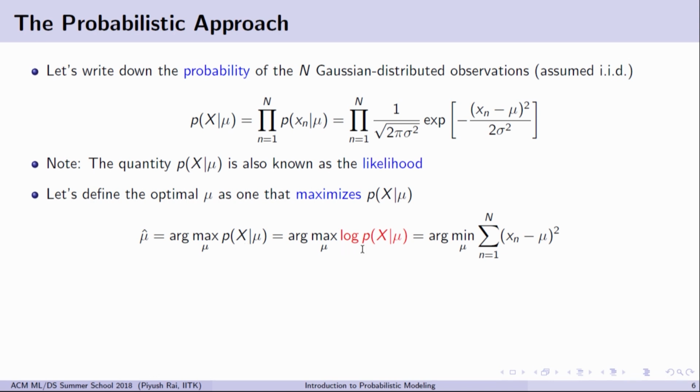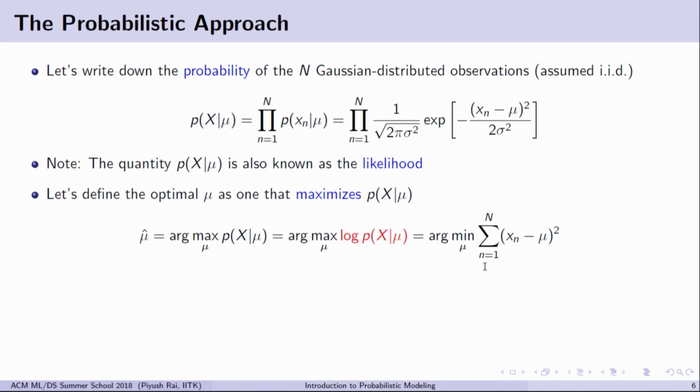If I look at log of P of x given mu, I have already defined P of x given mu. If you take the log of this, the log of a product turns into a summation over many of the squared quadratic terms. And since we are doing this maximization with respect to mu, any term that only contains sigma can be ignored, because sigma is treated as a constant.